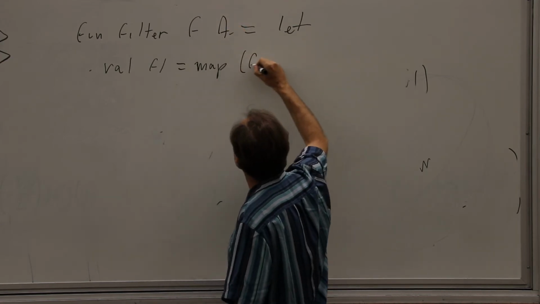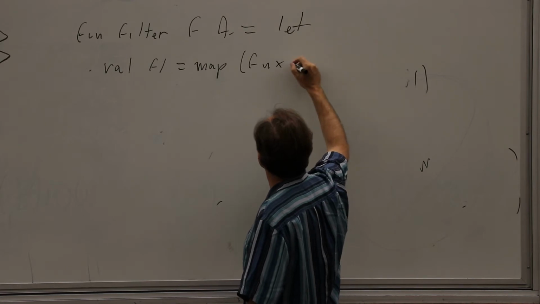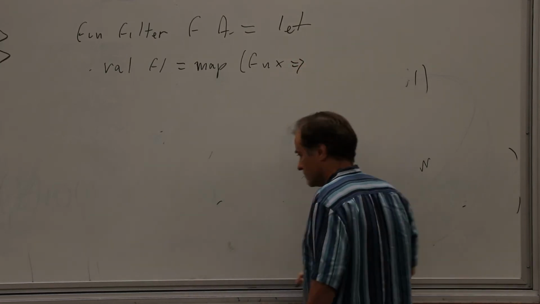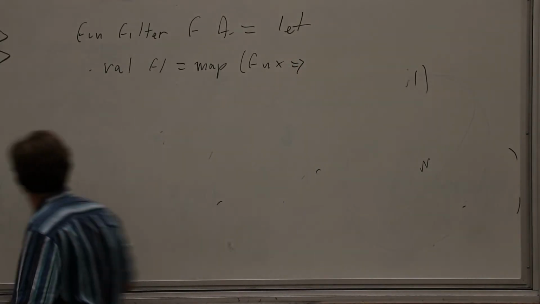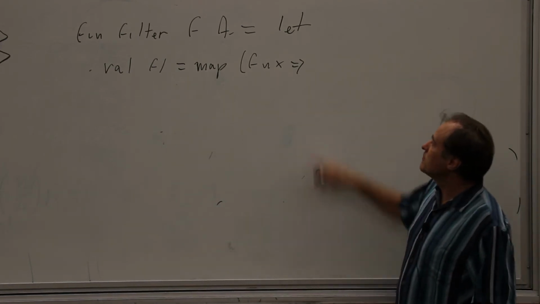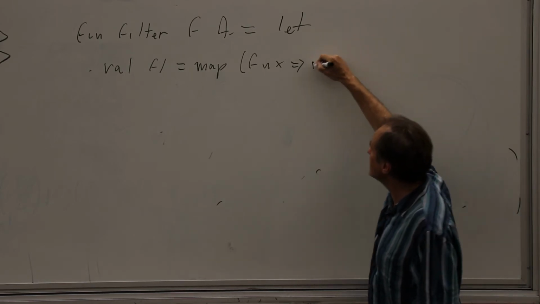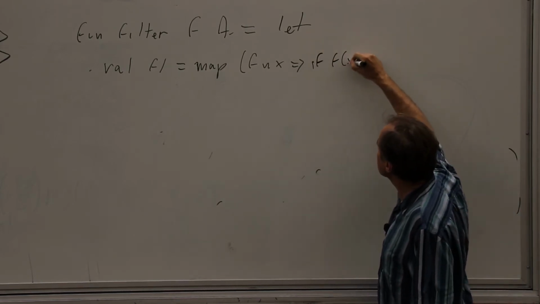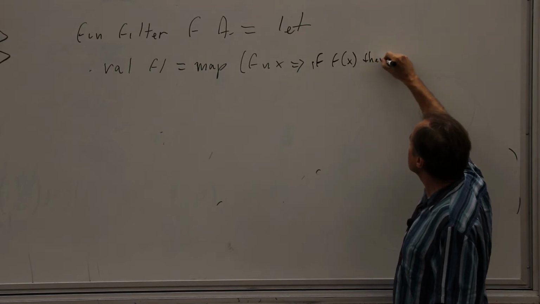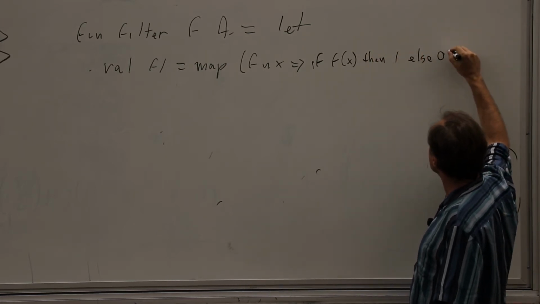But the function I'm going to map is going to be something like fn of x. Fn of x, of course, is equivalent to lambda x. And we're going to map it to either x. You say if f of x, then 1, else 0.